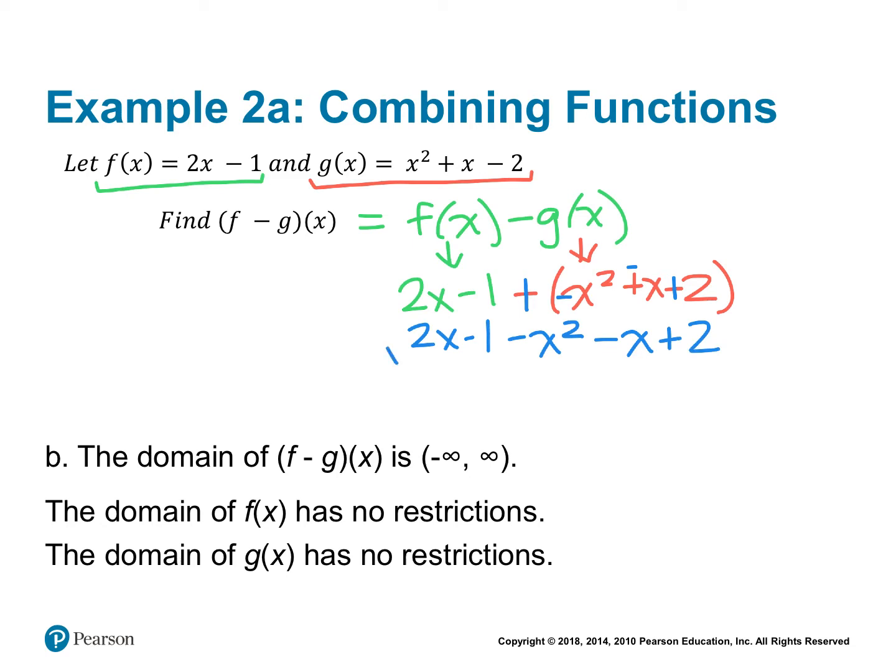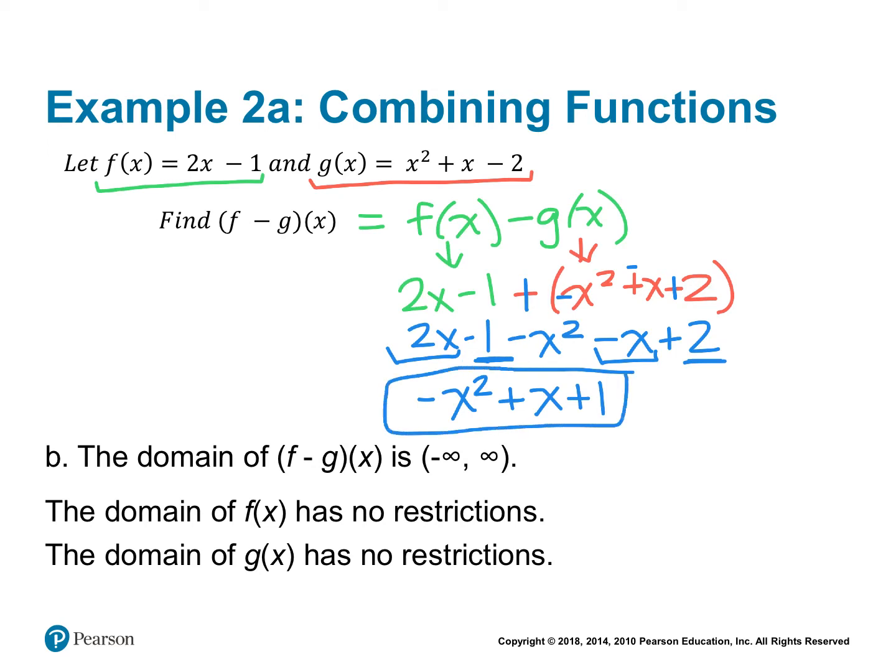I can put my x's together and my -1 and my +2 together. So I'll have negative x squared first. 2x minus x is positive 1x. -1 plus 2 is positive 1. So that's what we get when we find f minus g of x.